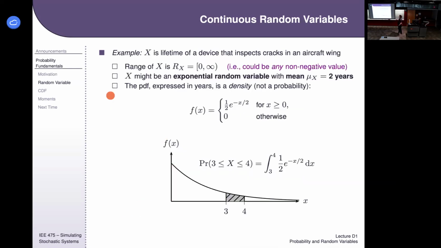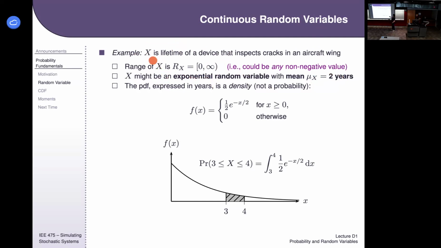So here's an example of something we might model. X is the lifetime of a device that inspects cracks in an aircraft wing. If we're simulating the process of inspecting an aircraft, one of the input models we have to deal with is how long until the resource we're using dies. And so we might model that resource lifetime as this X random variable, which we might say our input model is an exponential random variable with a mean of 2 years.